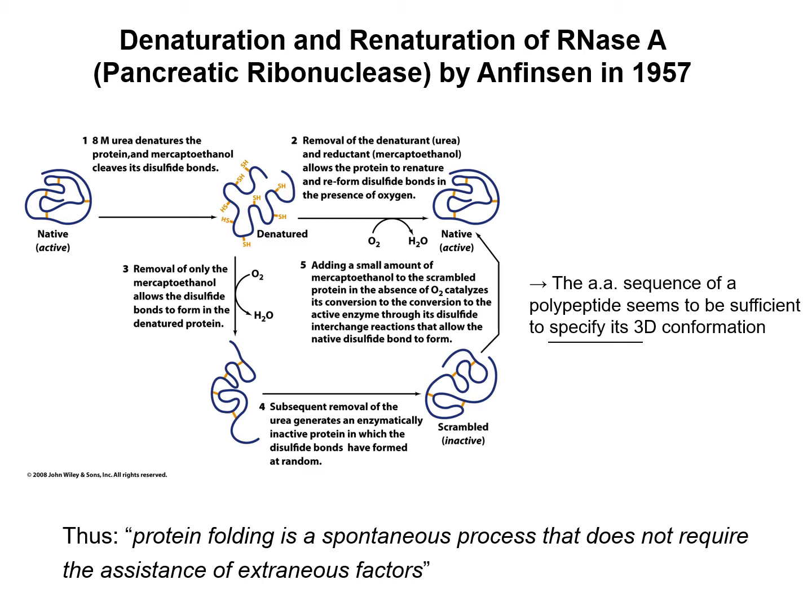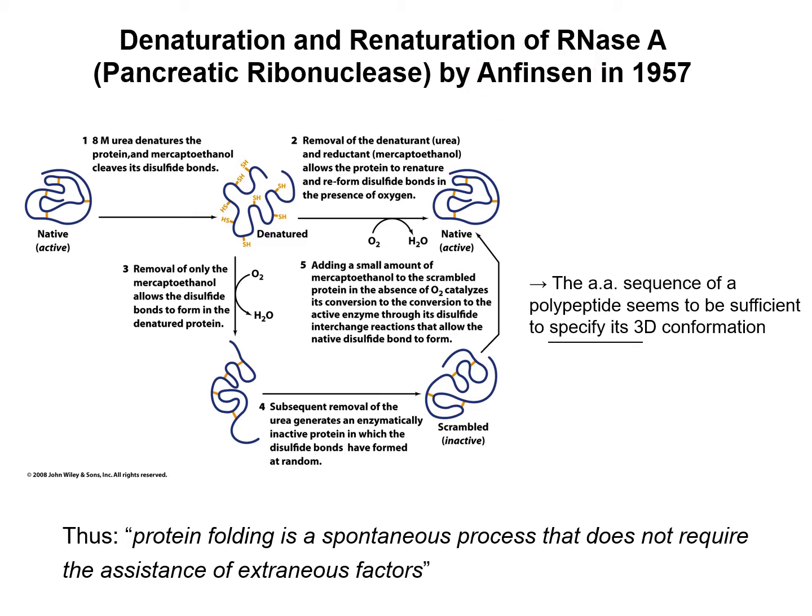Denaturation and renaturation, which means recovering the native form from the denatured form, of a small protein RNase A, a pancreatic ribonuclease, has been shown in the famous Anfinsen's experiment in 1957, which earned him a Nobel Prize.